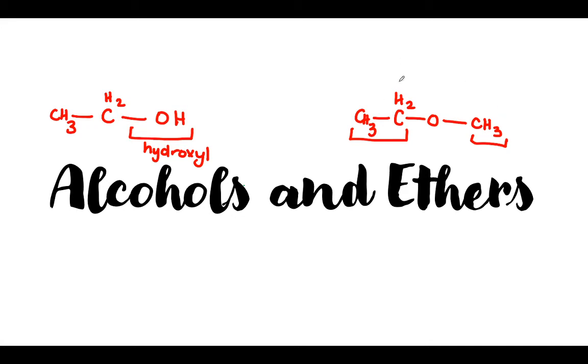You've got 2 carbons on the left side and 1 carbon on the right side. Doesn't matter. The fact that there's this one oxygen that's bonded to 2 different carbons means that this is an ether. So I've got an ether here and an alcohol here. Our goal by the end of this video is for you to be able to name these. So name alcohols and name ethers.